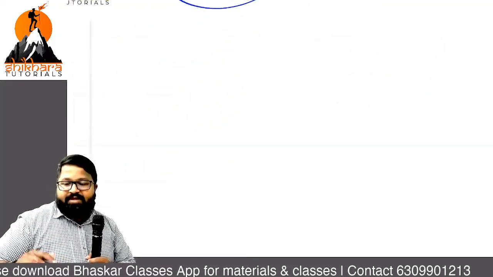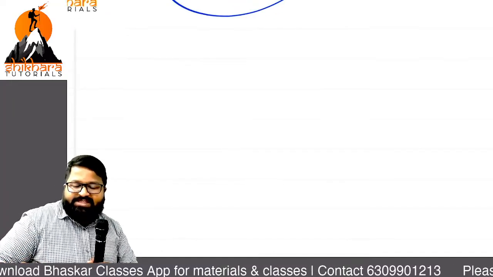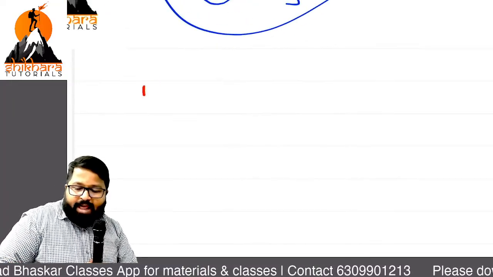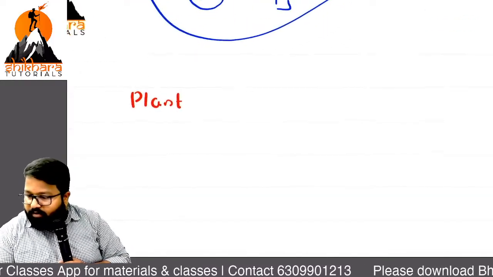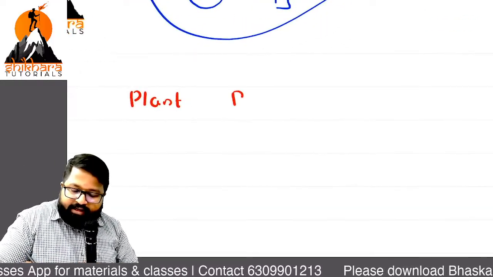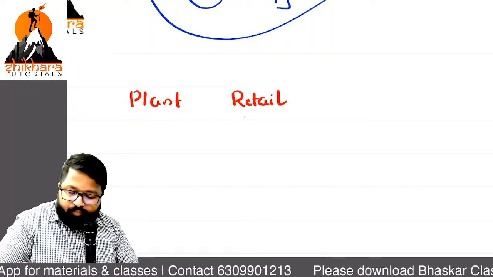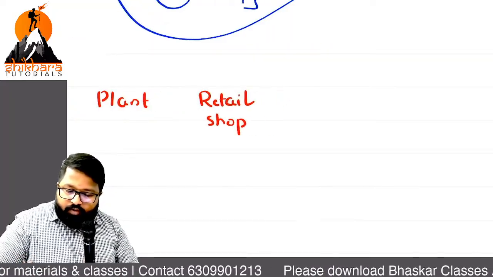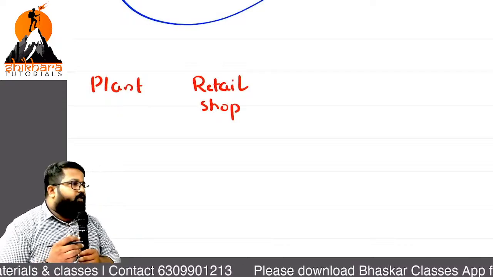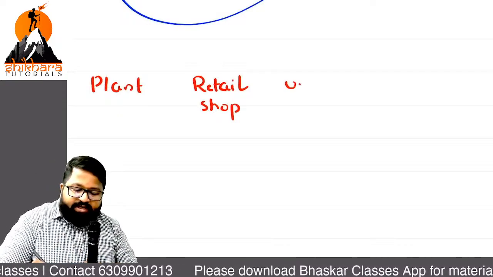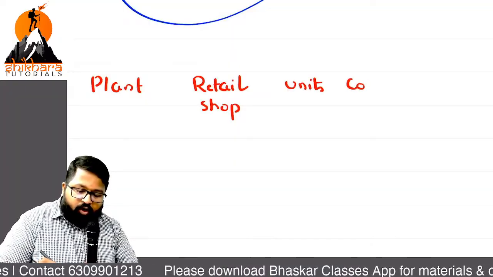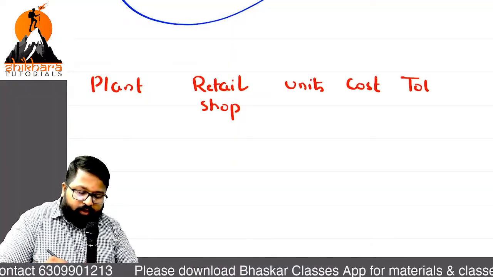Okay. So what is the cost there? Basically, plant, and from the plant to retail shop. And what is the next one? Next part: number of units, cost, and total cost.